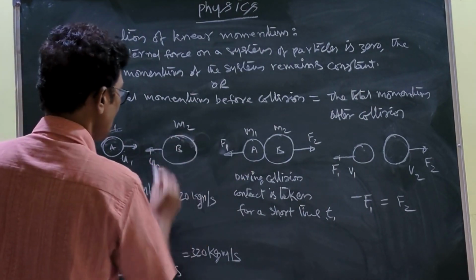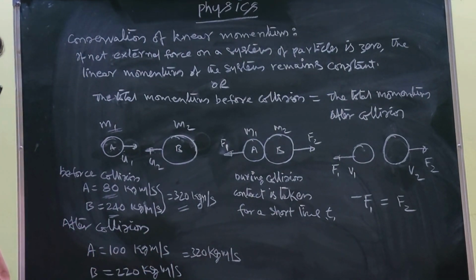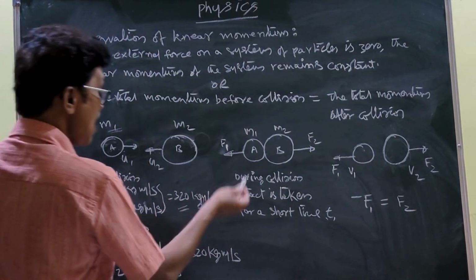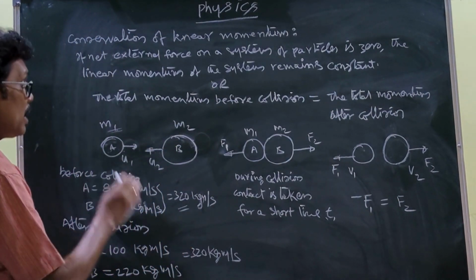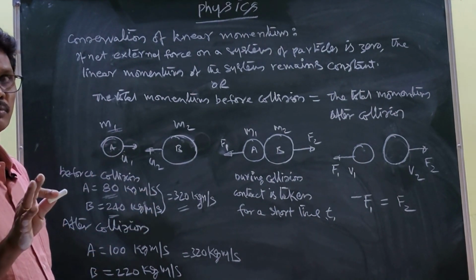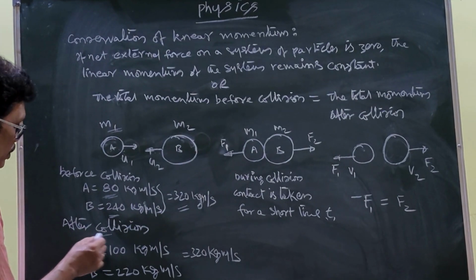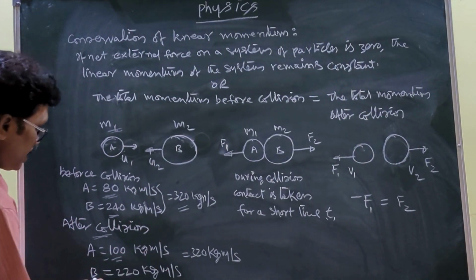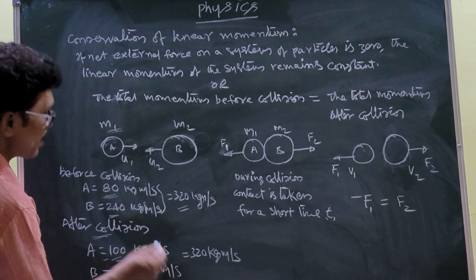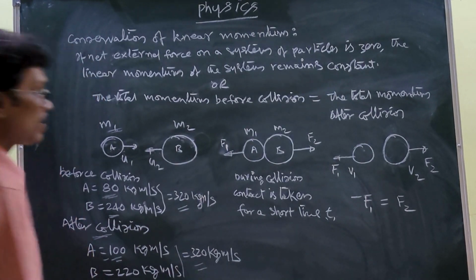The total momentum equals 320 kg meter per second. After collision also the momentum remains constant. After collision A gets 100 kg meter per second and B gets 220 kg meter per second. If you add these two, again you get 320 kg meter per second.